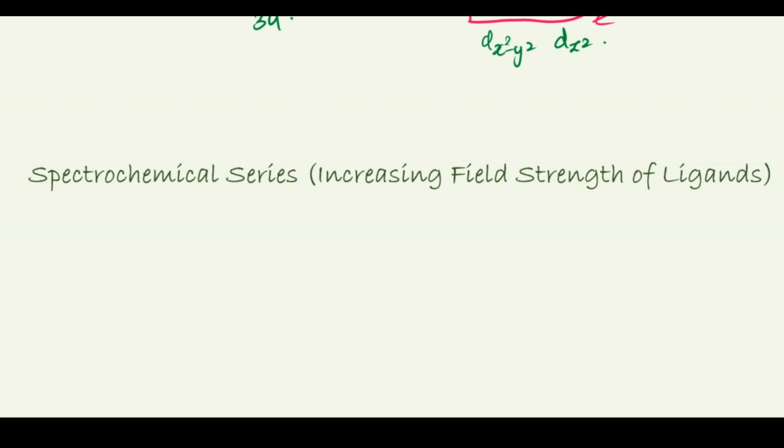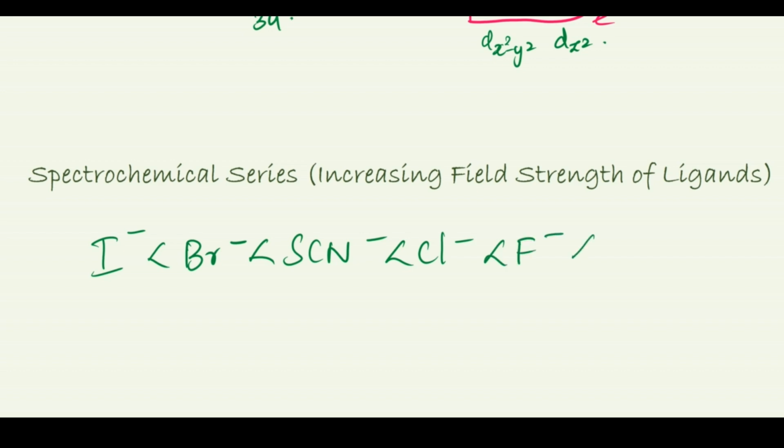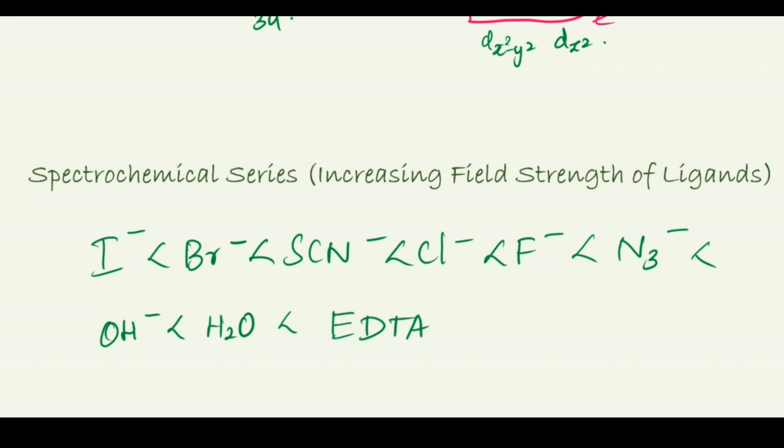I'm giving you the order: I minus, Br minus, these are the important ligands, SCN minus, Cl minus, F minus, N3 minus, OH minus, H2O, EDTA, NH3, en, NO2 minus and CN minus. So we start with the weak field and end at the strong field ligand.